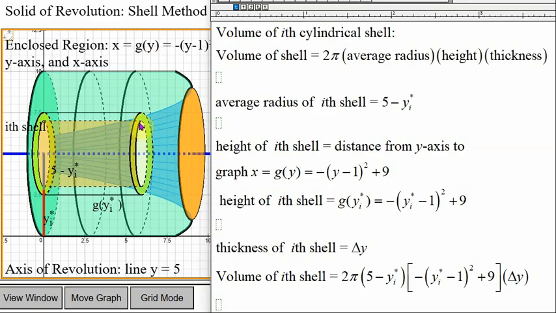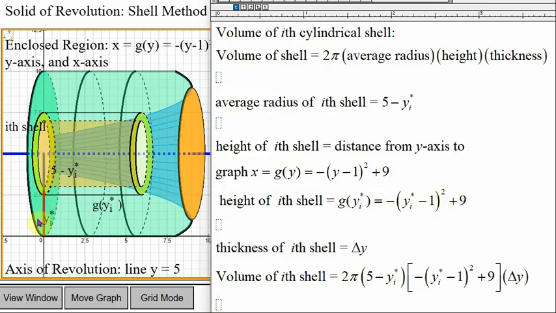Now let's find the volume of this ith shell. The average radius once again will be 5 minus y sub i star. That's the distance from here to here. The height of the ith shell will be g of y sub i star, which is negative y sub i star minus 1 squared plus 9.